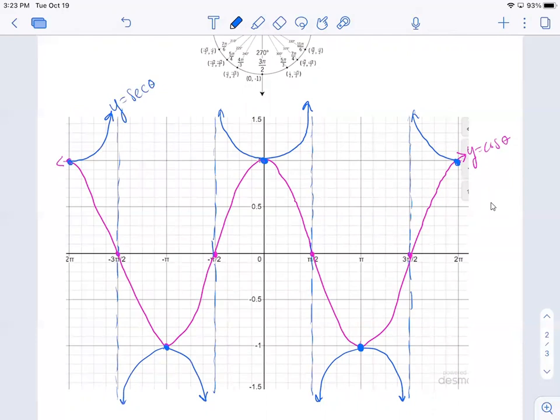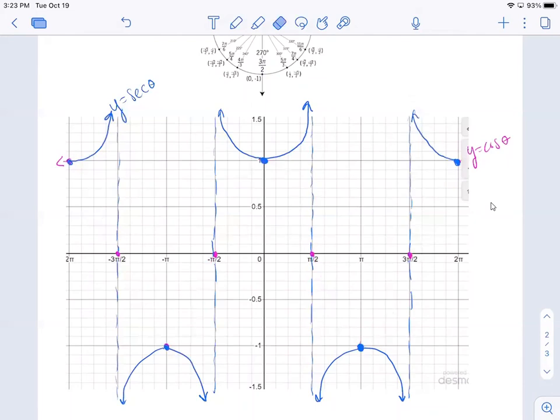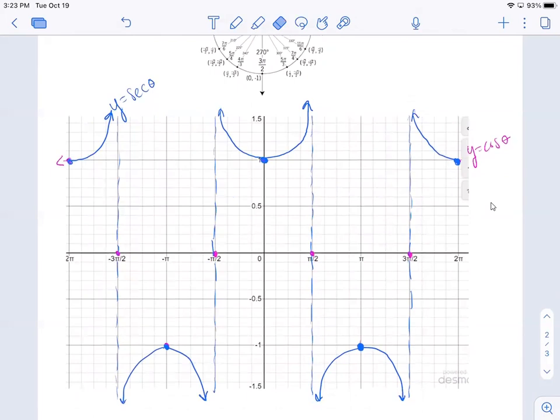Now, once again, that pink cosine graph is not part of your secant graph. I just use it to see how I can come up with the secant function. So this looks pretty darn similar to the cosecant function, which makes sense, right? Because remember, we talked about how sine and cosine are just a horizontal shift.